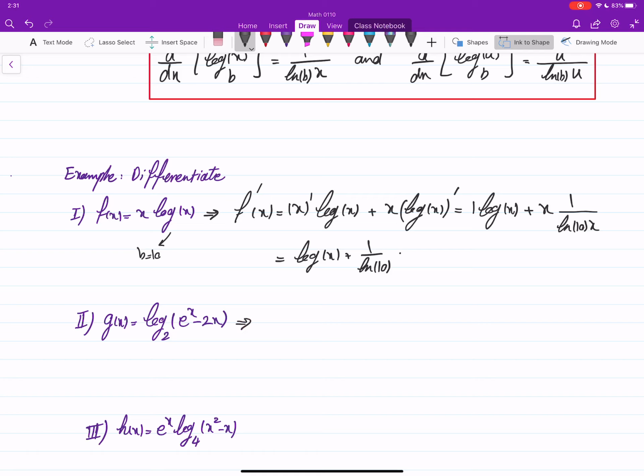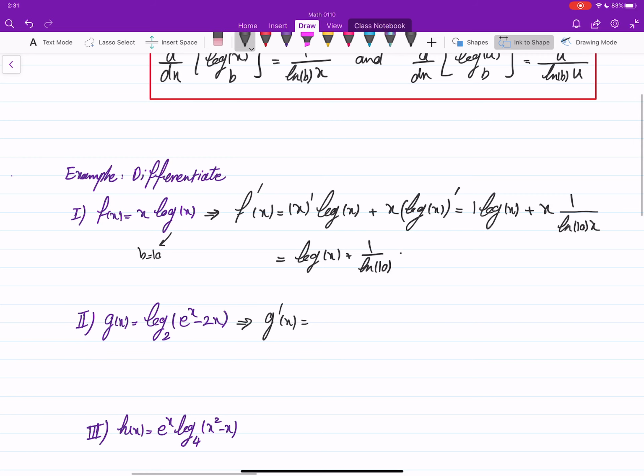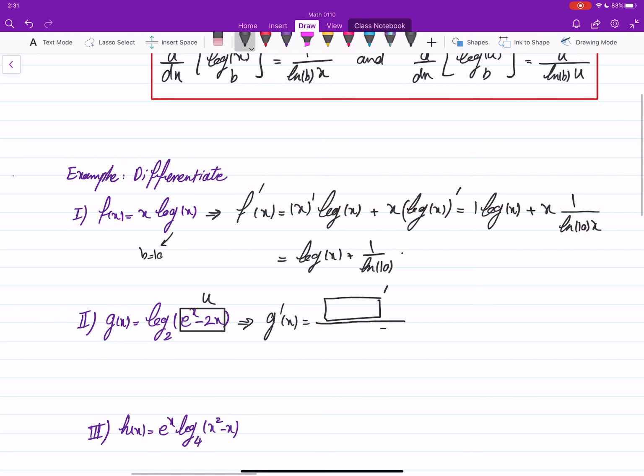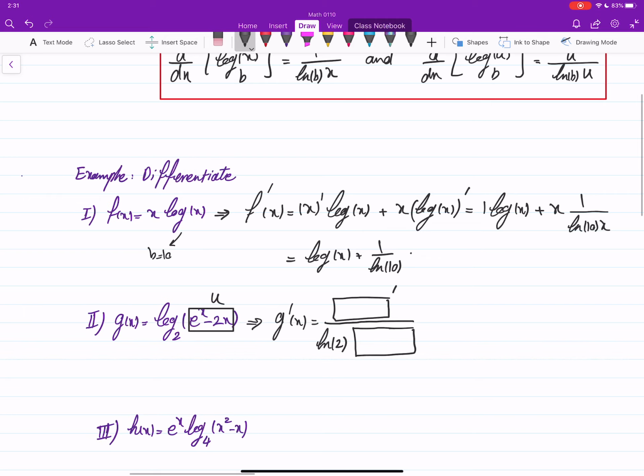This other one, g prime of x, this is log base 2 of e to the power x minus 2x. So this is our u here. And then the rule says to find the derivative of u over u, but since the log is base 2, we have to multiply the denominator by ln 2.